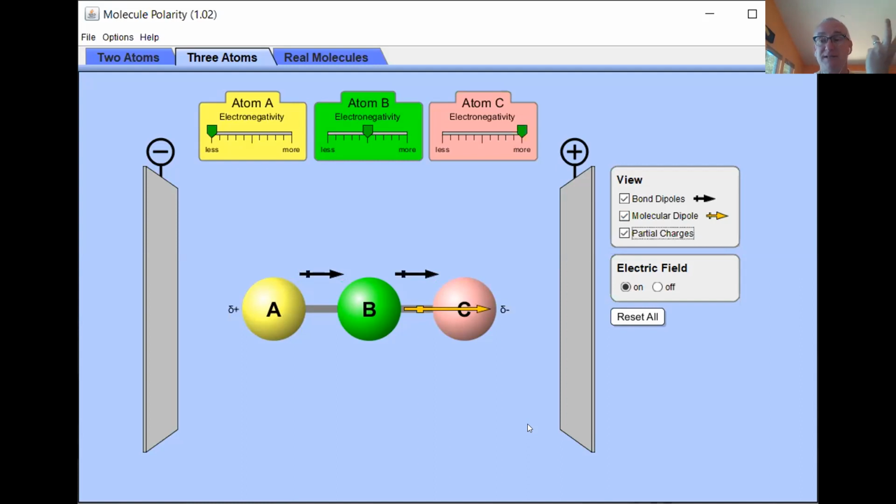So by definition, that's not symmetrical. Okay. You guys can play with 2 and 3. I just want to look at some of the real molecules so you can answer some of those questions. Okay. Do we have any more questions about this before we go on?